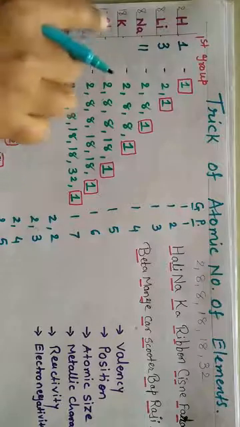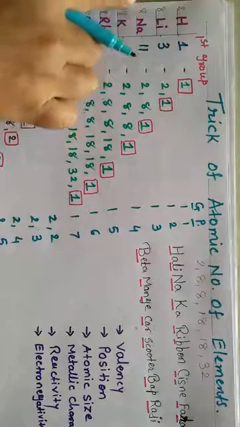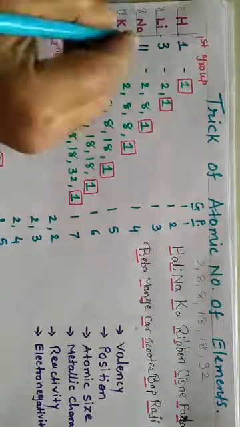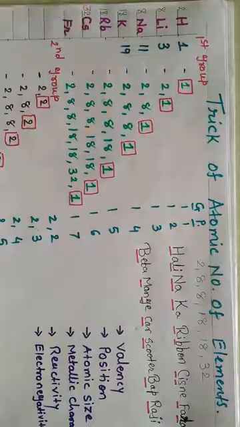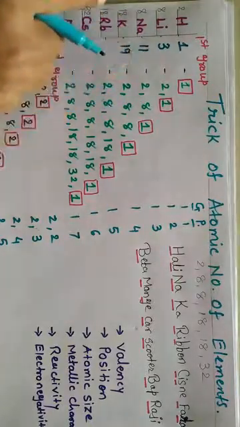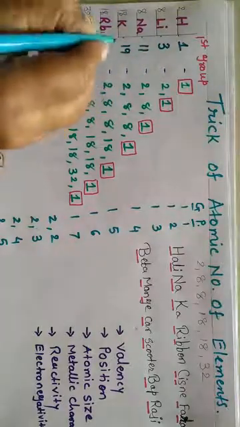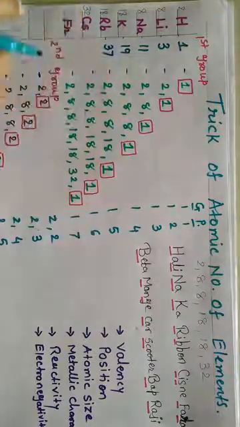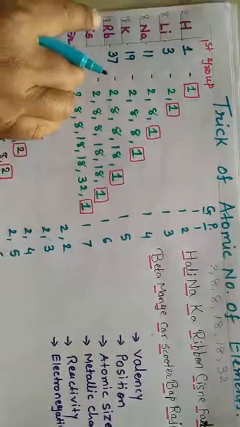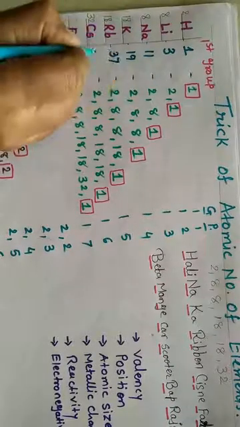Then add 8 again. Add 8 to 11, so the atomic number is 19. Then to 19 add 18, so the atomic number of rubidium is 37. Now to 37 again add 18, so we get 55.